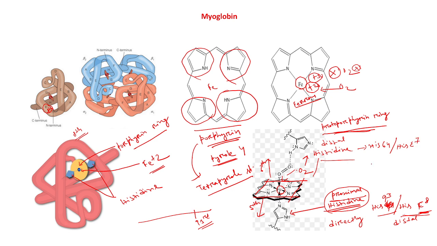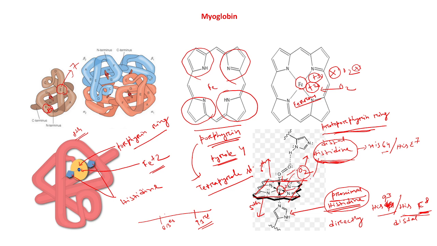So that means 64 means it is found at the 64th position, or it is found at the E region, and in the E region it is found at the 7th position. So this distal histidine does not directly bind to the Fe+2, it binds to the oxygen. And what is the role of the distal histidine? It has the role to help the oxygen bind to the Fe+2 region.